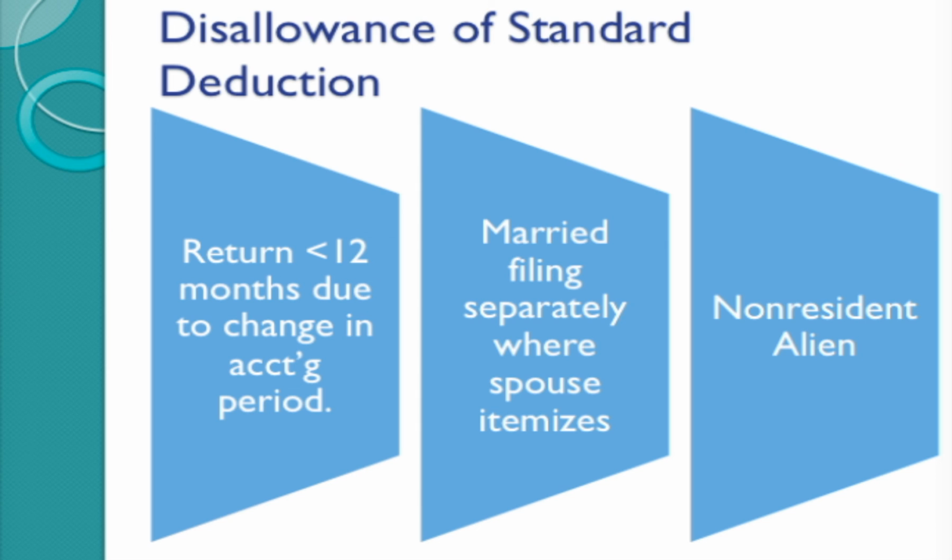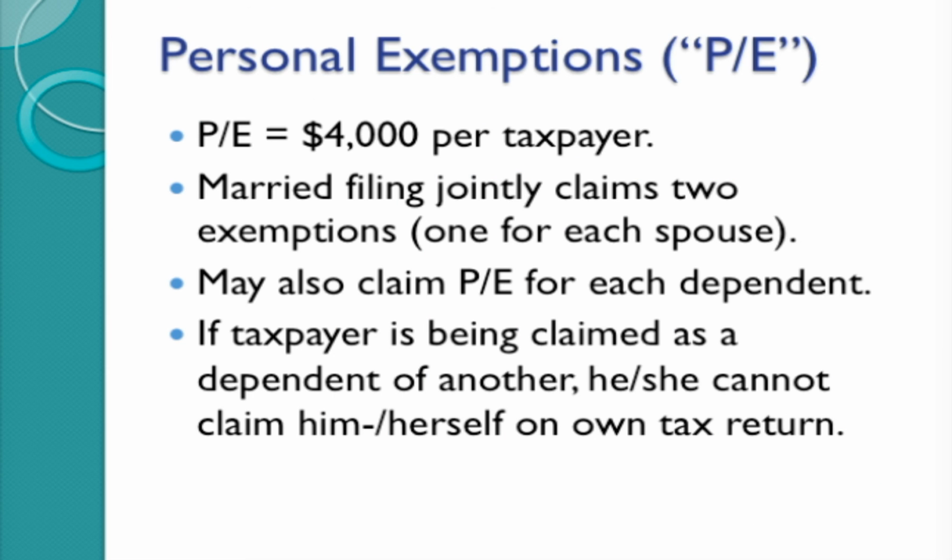So you don't want to include all of the itemized deductions on one side and allow the standard deduction on the other side as well. And then the non-resident alien status, again, is just more of a policy decision to not encourage that status.